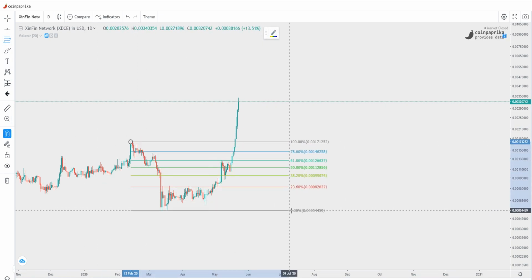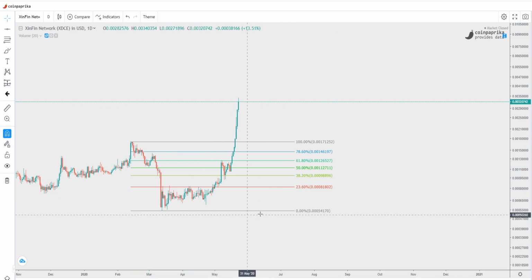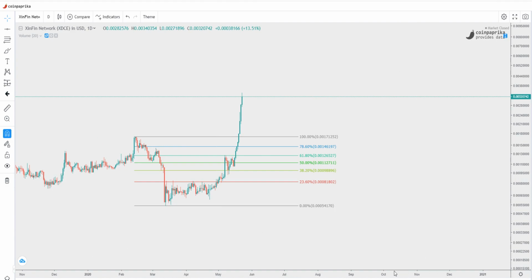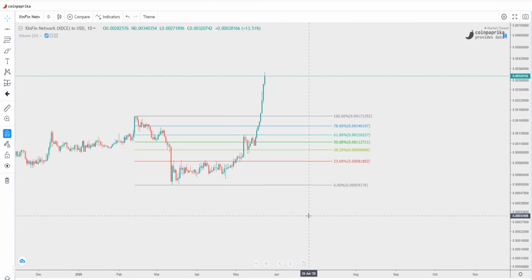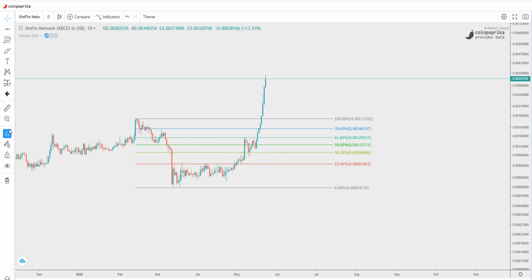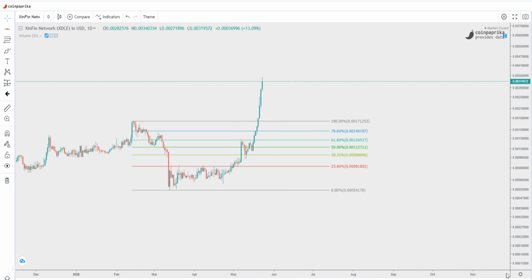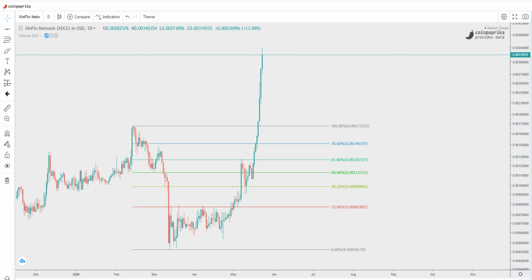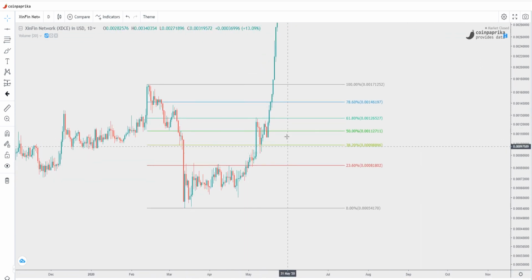Okay, so why am I measuring a move that already broke? The thing is, in order to understand what is happening, we always have to go back and check how it happened. Just by drawing the Fibonacci, I can see something that was not clear before the lines. Okay, so we have an issue here.